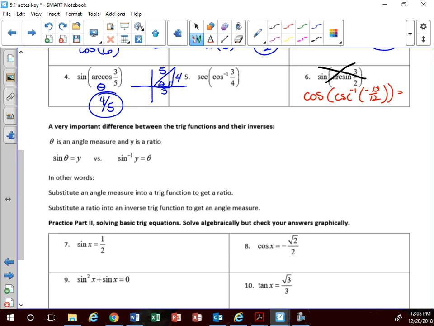All right, for 5, do we need to draw the triangle, or can you see it? You need it? Okay. So first or second quadrant, because again, it's inverse cosine. First. All right, so adjacent is 3, hypotenuse is 4. We don't actually need the other side of the triangle, but does everyone understand that the other side of that triangle cannot be 5?